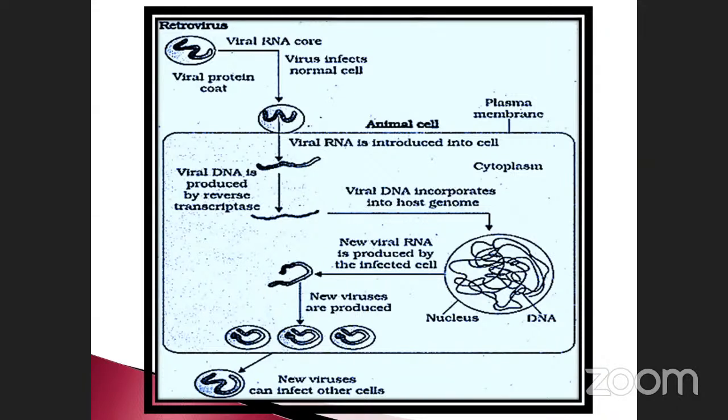Then replication takes place with the help of enzymes, RNA to DNA, DNA to RNA again, producing nucleic acid. Protein synthesis takes place, all the molecules assemble, and new viruses are produced and come out after lysis of the cell wall.